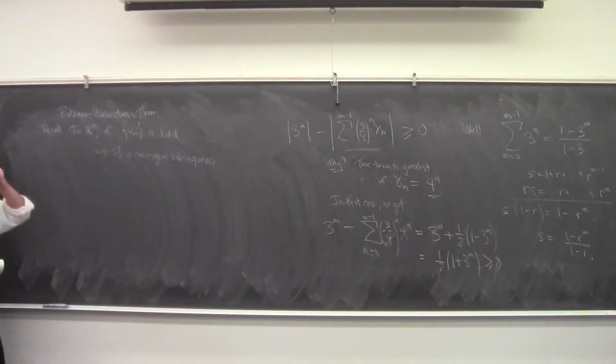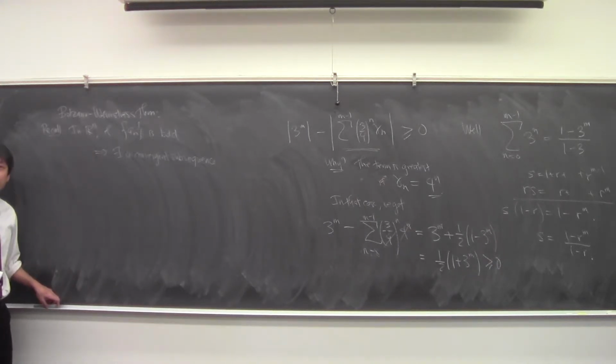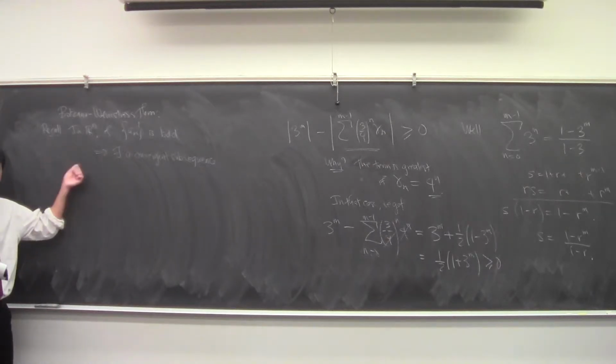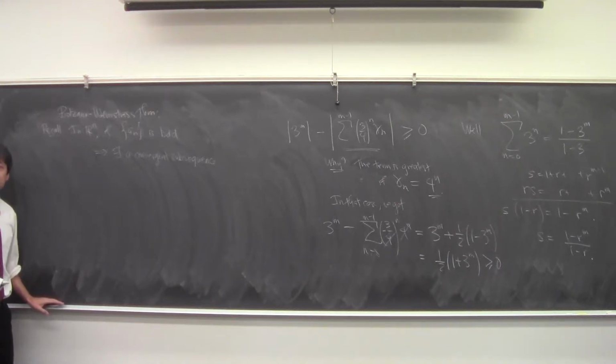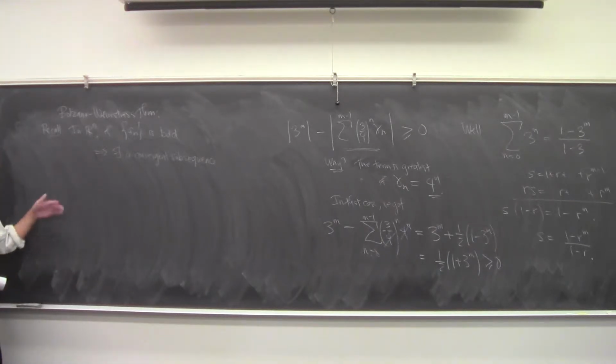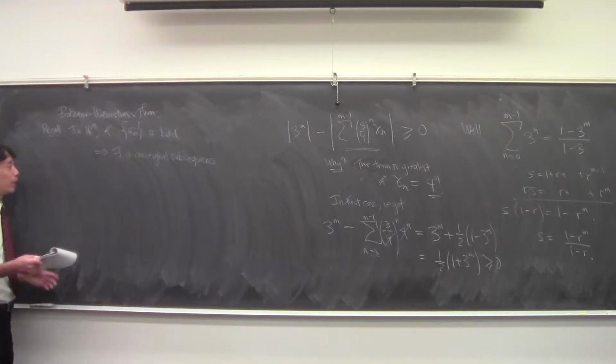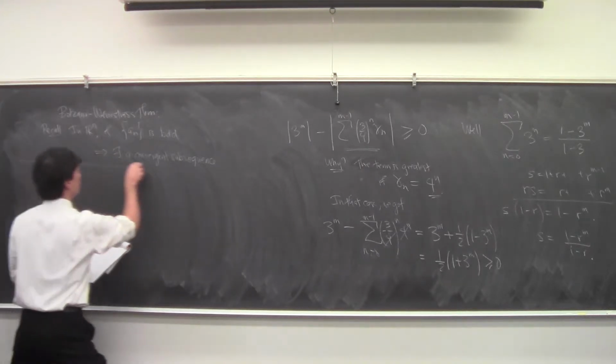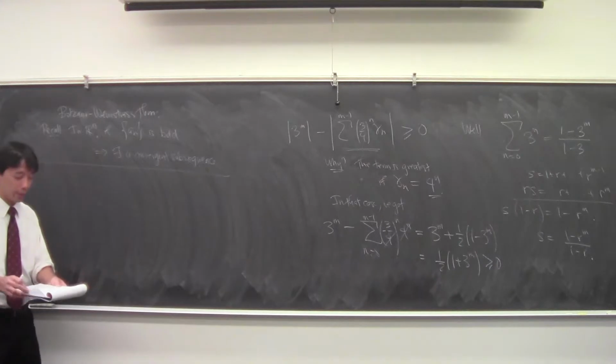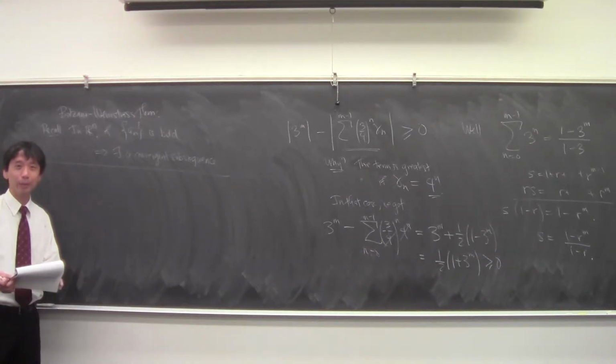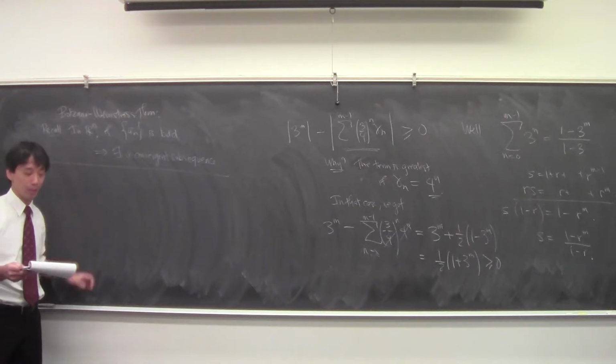Okay. Now, we want to do something similar for functions. We'd like to say, if you have some sort of condition on a set of functions, then you're automatically guaranteed a convergent subsequence, a uniformly convergent subsequence of functions. So we have to define what we mean by bounded. What does it mean for a sequence of functions to be bounded?